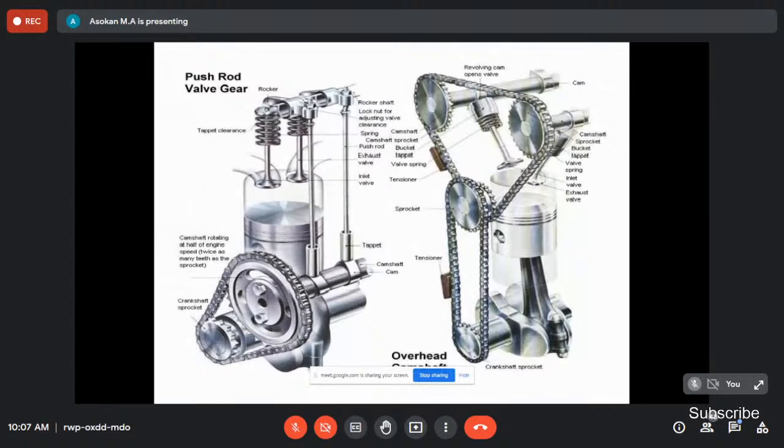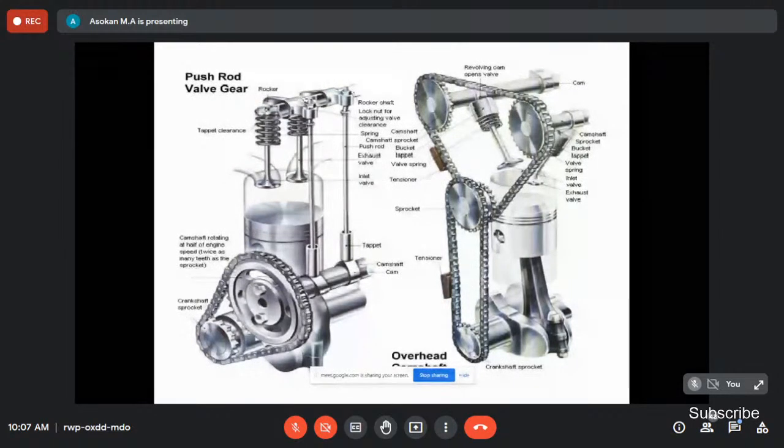At the other end of the push rod, there is a rocker arm. This rocker arm pushes the valves. The rocker arm pushes the valve in the downward direction, and because of the compression spring incorporated in the valve, due to this spring action the valve is again seated in its original position.